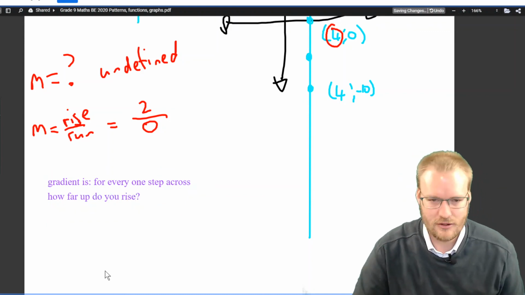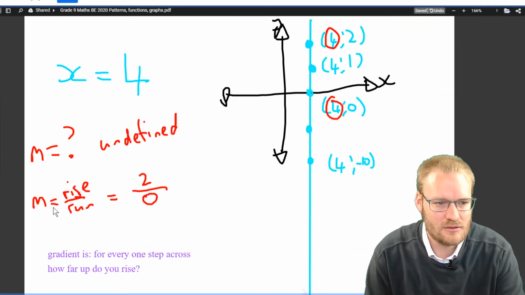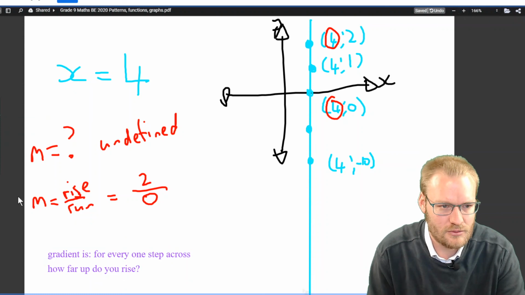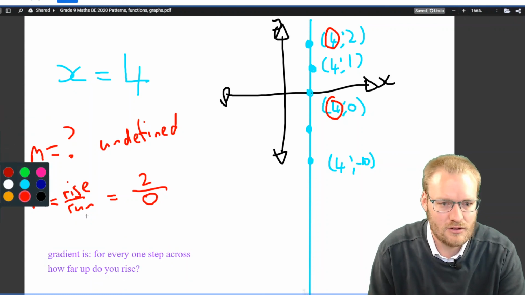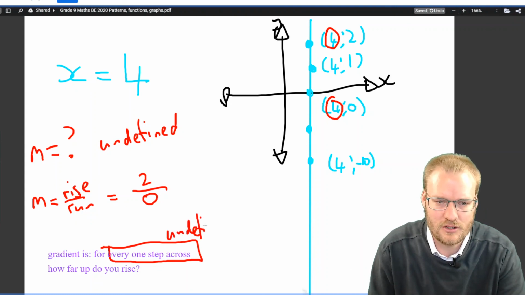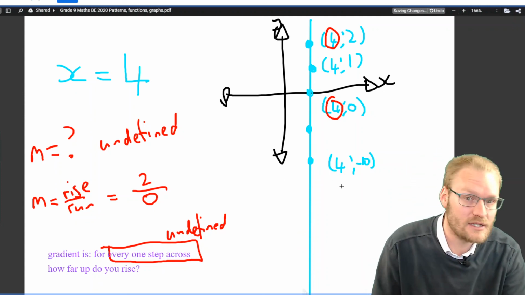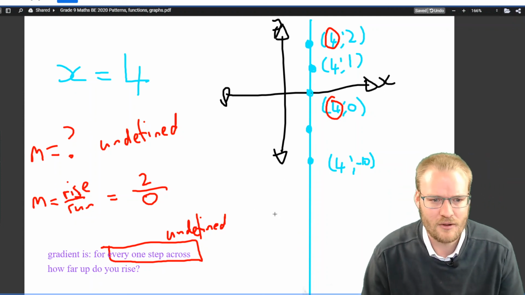Okay, so in this case, for every one step you go across, well, that's blown out the water. We can't even talk about going across. For every one step across, but we never go across. So it's undefined because we can't even talk about for every one step going across.